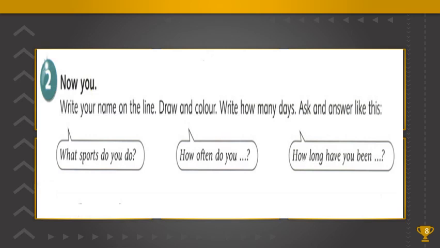Next question, how often do you play this sport? And how long have you been playing this game? Are you ready? So you may start writing it or filling out the graph for your name.